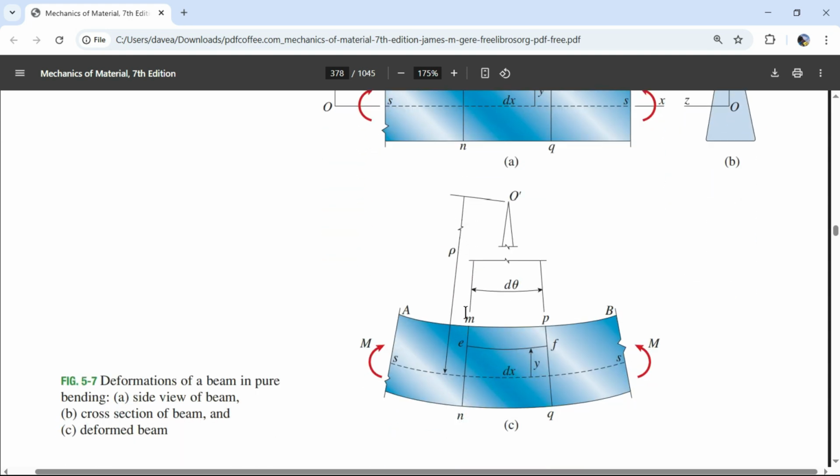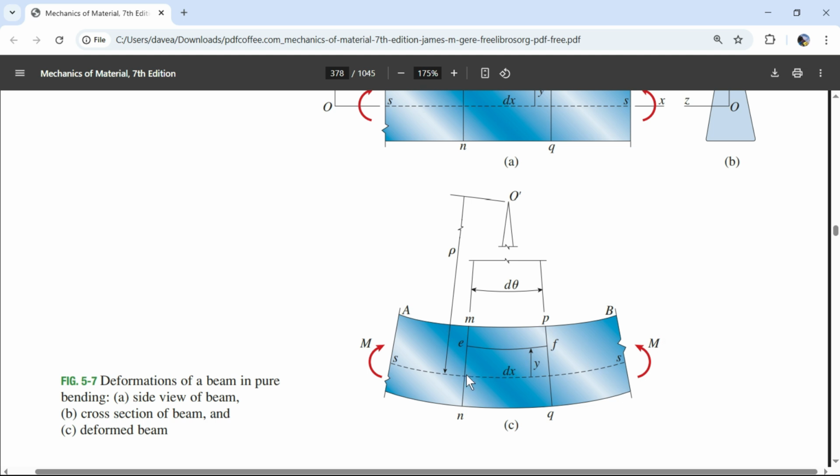If this is my horizontal cut, my cross-section, and this is the y direction, my x-axis has to be 90 degrees to it. So it has to be this direction. My x-axis can't just curve along a curved path.